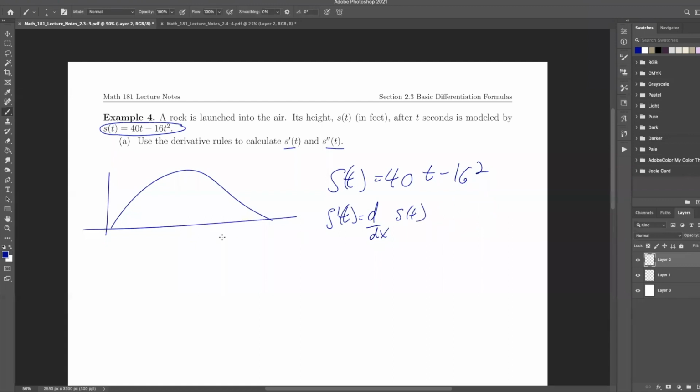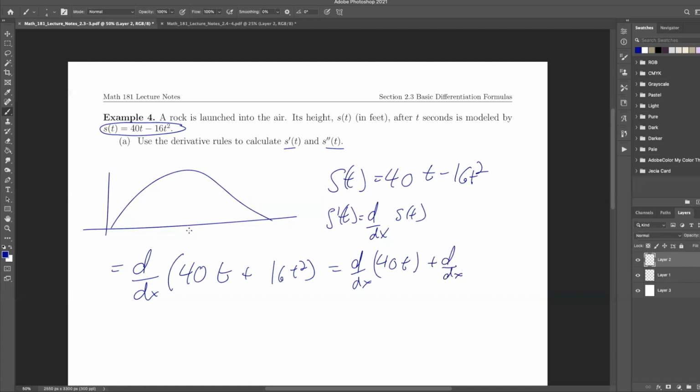So let me do this one very slowly the very first time. I have d dx of 40t plus 16t squared. Then by my addition rule, I can say this is d dx of 40t plus d dx of the other term. But is it d dx in this case?